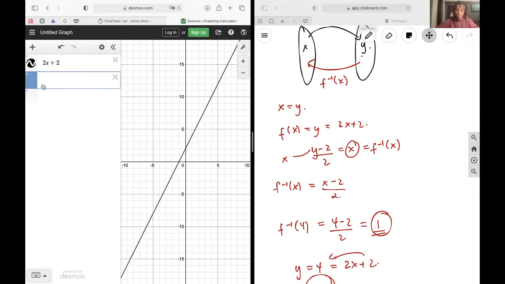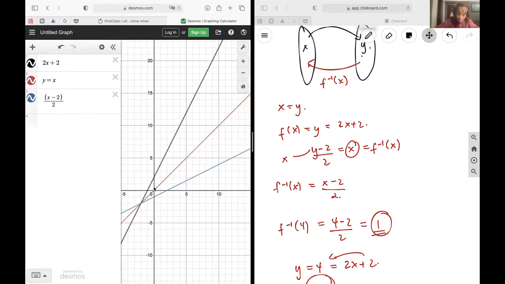If I draw the line y is equal to x, and then I put in what I found as my inverse function, x minus 2 over 2, I will see that these two are symmetrical about this line, and it's because I reflected them in this line. This tells me that this is the correct inverse of 2x plus 2.